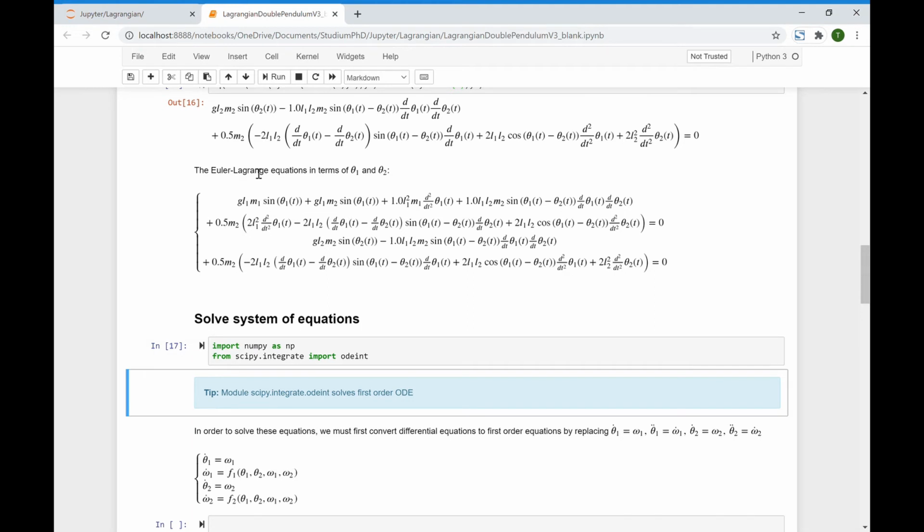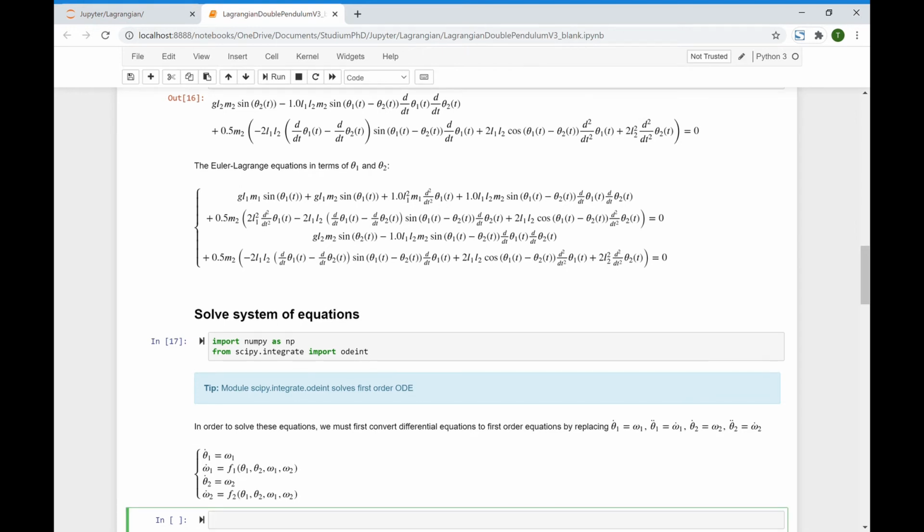First, we have to convert our second order differential equations into first order equations, and for that purpose we have to replace θ1 dot by ω1, the angular velocity one, and θ1 dot dot by ω1 dot, θ2 dot by ω2, and θ2 dot dot by ω2 dot. So basically we have to make such replacement, and we have to bring the time derivatives of our variables θ1, ω1, θ2, ω2 on the left hand side.